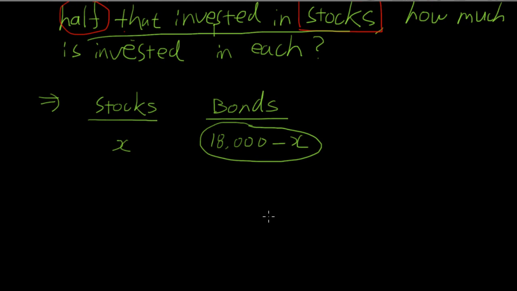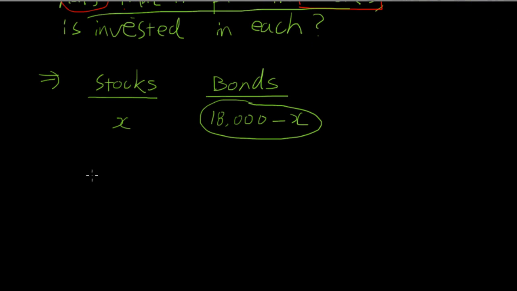So we can set up a math equation. 18,000 minus X, which is the amount invested in bond, is half of, and "is" means equal, right? "Of" means multiplication, basically. So half of what's invested in stock, just like that. So there we have it.